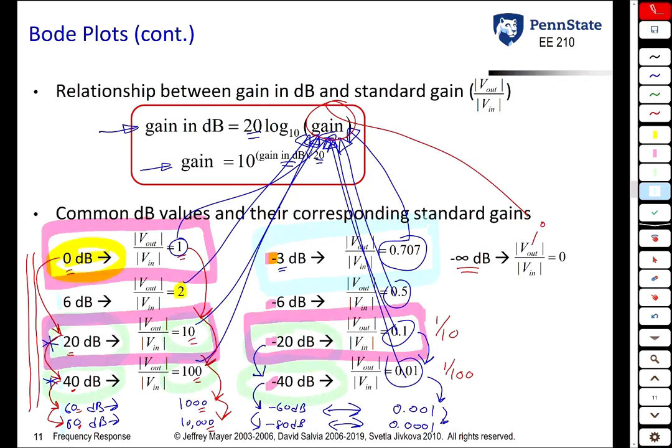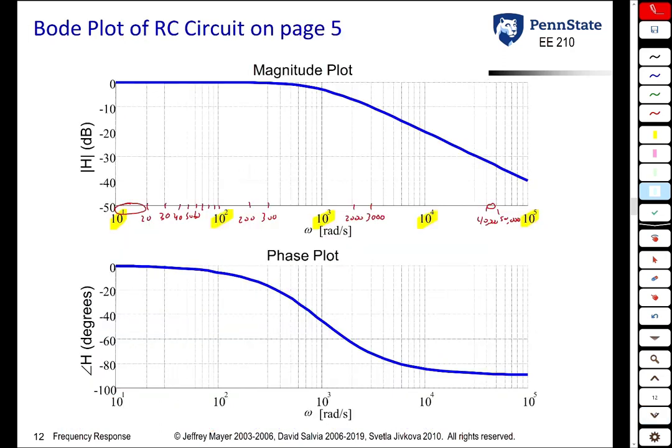So we'll finish up this lecture by looking at the plot of the Bode plot again. So what we see here is that on the x-axis, for both the magnitude plot and the phase plot, we have a logarithmic scale. One of the features of the Bode plot is that the frequency is in a log scale.